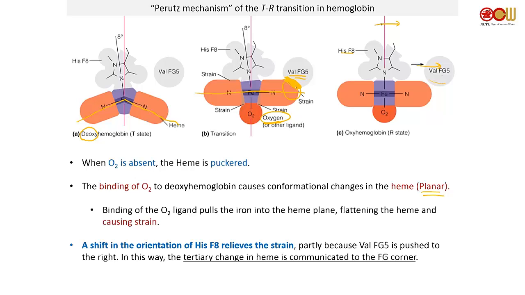As a result, you have a shift in orientation of the histidine, this guy, in addition to the valine, because the valine is pushed to the right, and then your histidine also moves with it, and together you have a structural change, and that causes the salt bridge to break.